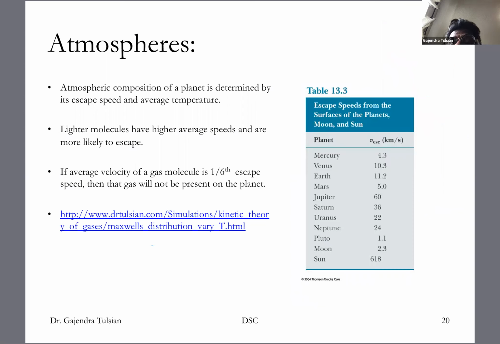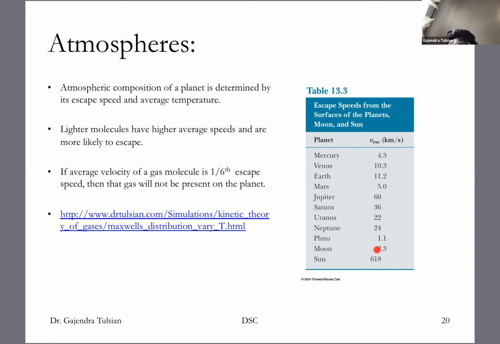Here's an interesting fact. Knowing the escape velocity from a planet and the average temperature on its surface, you can calculate what kind of atmosphere the planet will have. For instance, because of its low escape velocity, the moon has no atmosphere. Any gas you put on the moon's surface will escape.